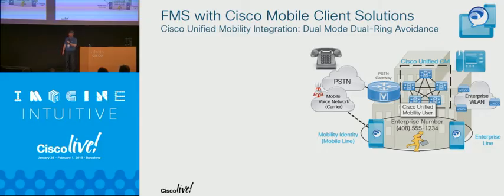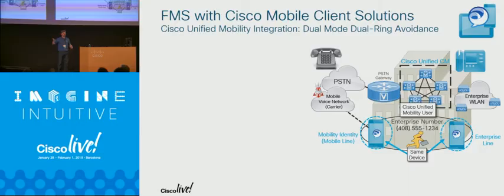So it's registering to Communication Manager, but it can also receive calls via single number reach. Now the problem is that's the same device, so if I get a call on my enterprise number, in theory, I'm going to ring it by IP because it's got a Jabber client on it, but I also have single number reach configured, so single number reach can kick in and ring the cellular interface of that device. That means I'm going to get a call on my enterprise line that rings both via IP as well as on cellular voice, and that's a problem.